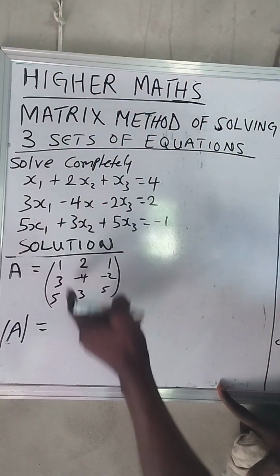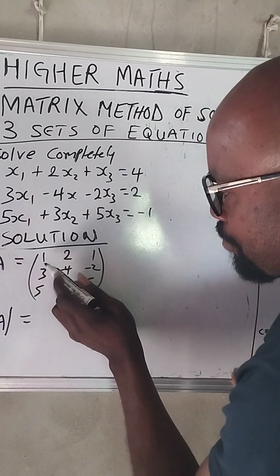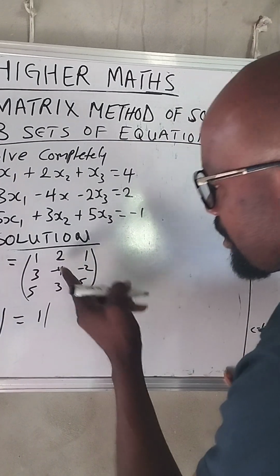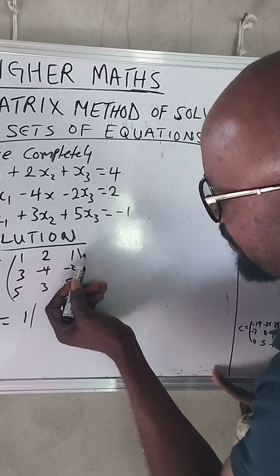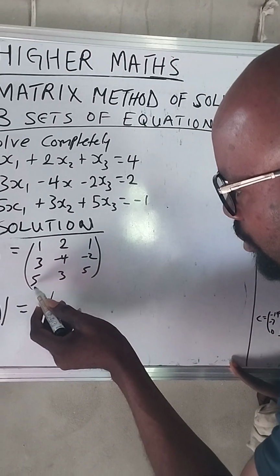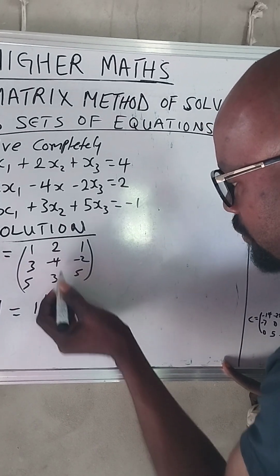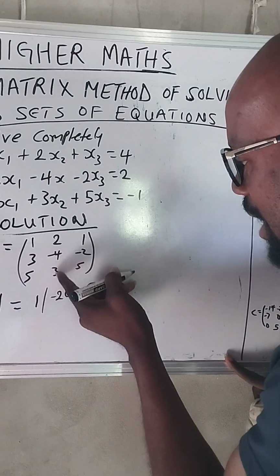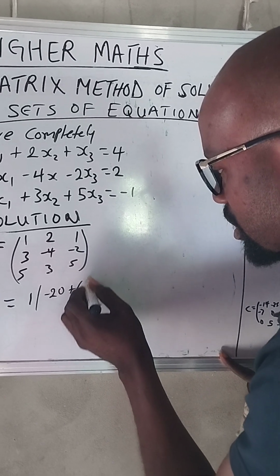The determinant of this matrix is gotten by putting down 1. Then you close here and seal here: draw a horizontal line across 1 and a vertical line across 1. You are left with 5 times minus 4, which is minus 20, and 3 times minus 2, which is minus 6, so minus 20 plus 6.